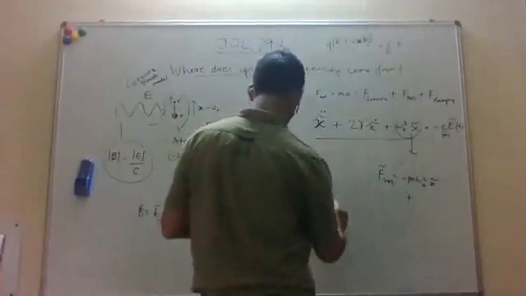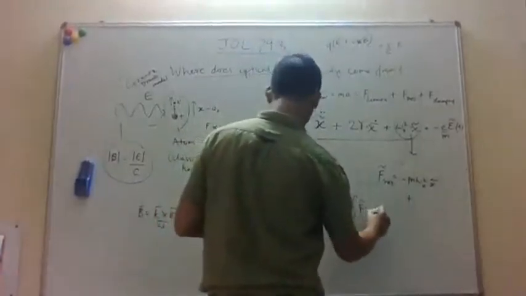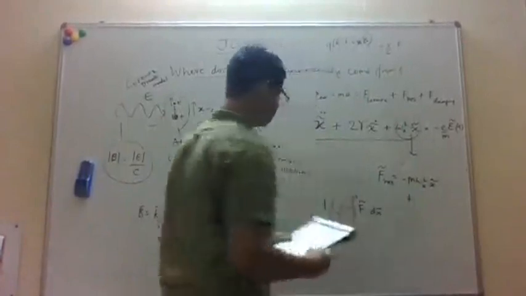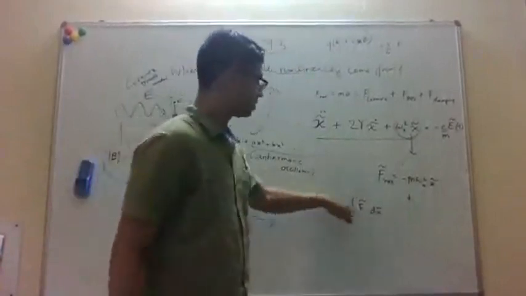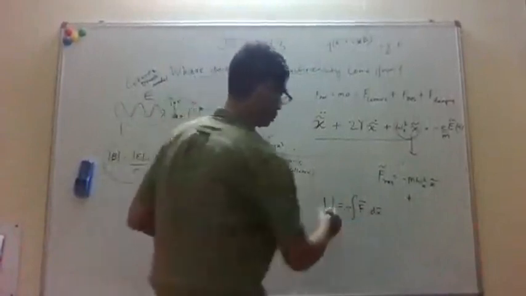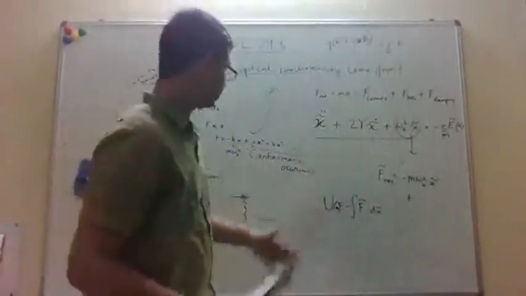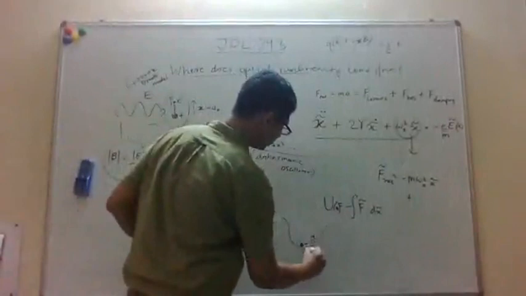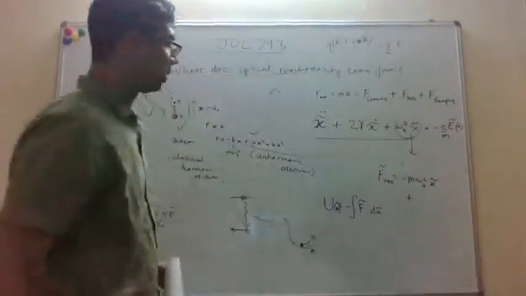So I can define a potential in which the electron is sitting, as minus the integral of F dx. I can define the potential U of x, right? So U is some potential that the electron is sitting in, some potential well, and I displace it by x, and then there is some restoring force, right?